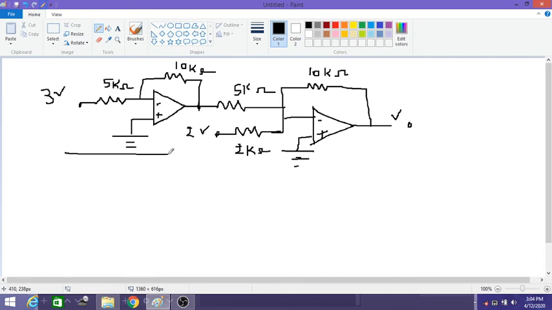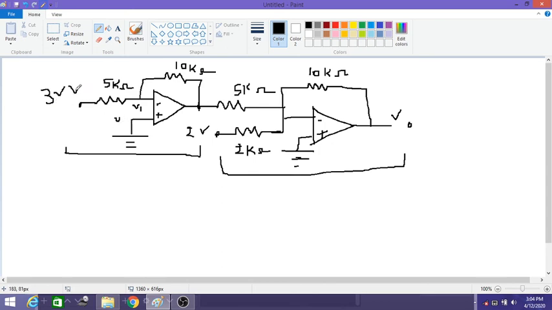Now if you see this part, from here to here it is a simple inverting amplifier circuit, and from here to here it is a summer circuit with the inverting configuration. So first we will analyze the first part, and then we will feed that as input to the next part, then we will analyze this. We know that this is V1 and V2, let us not confuse with any other terms.